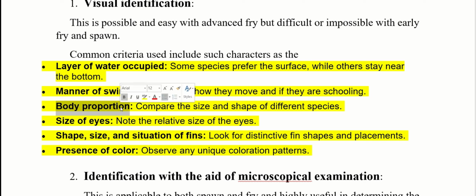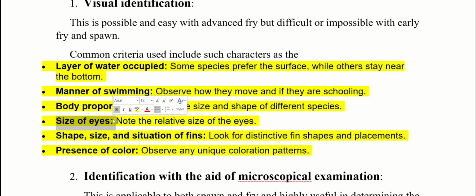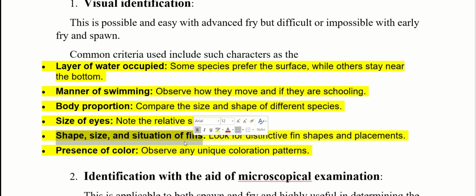Size of eyes: note the relative size of the eyes, which is also an identification key to differentiate fish species. Shape, size and situation of fins: look for distinctive fin shapes and placements. This is also a key to identify fry and spawn.